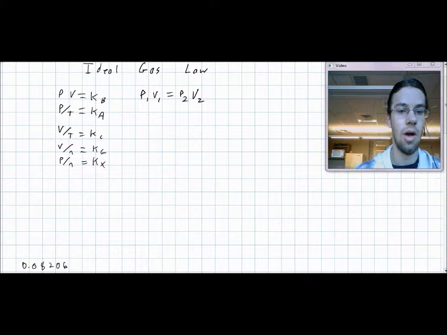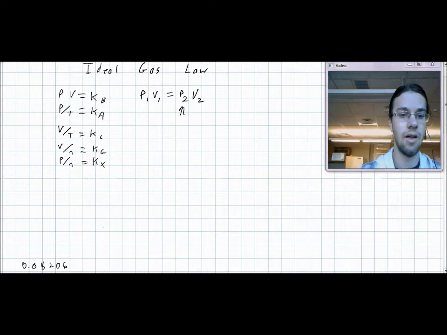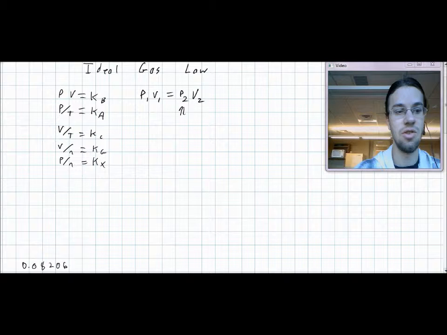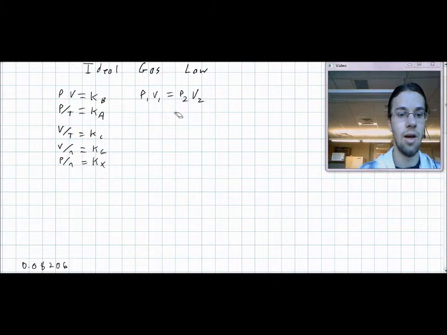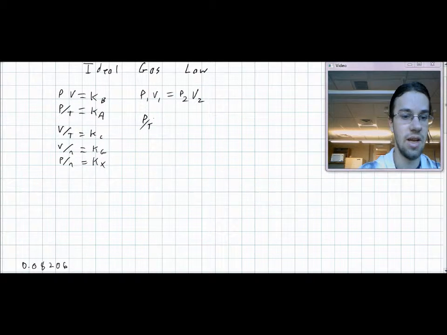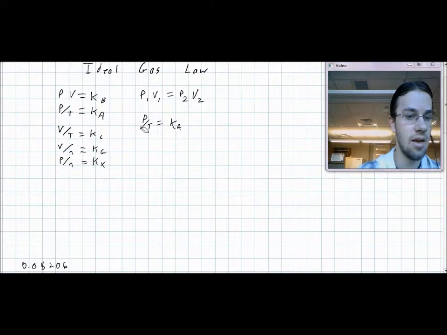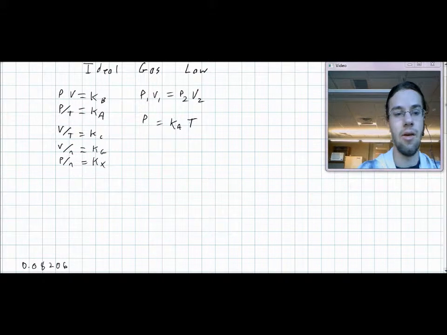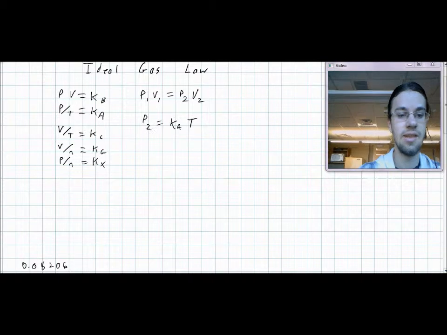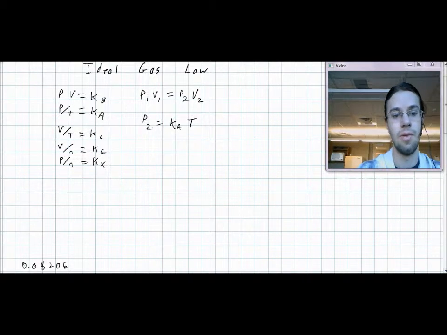Now, I'm going to look at this pressure value and attempt to substitute it for something else. Well, I'm going to go down to the next equation, where P divided by T is equal to Ka. Now what I'm going to do is multiply both sides by T, and so what we get is P equals Ka times T. And now I'm going to say that this is equal to P2.